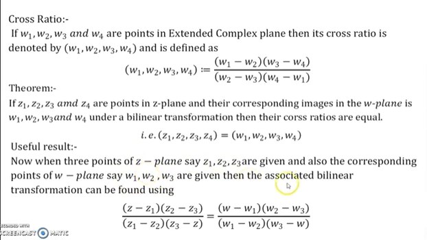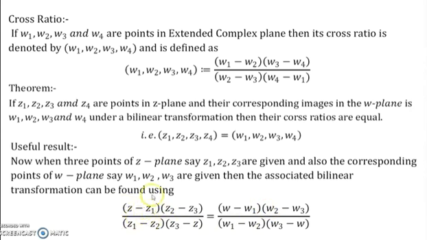The bilinear transformation has to be written as (Z minus Z1) into (Z2 minus Z3) by (Z1 minus Z2) into (Z3 minus Z) is equal to (W minus W1) into (W2 minus W3) by (W1 minus W2) into (W3 minus W1).